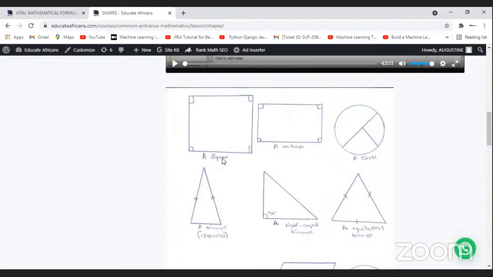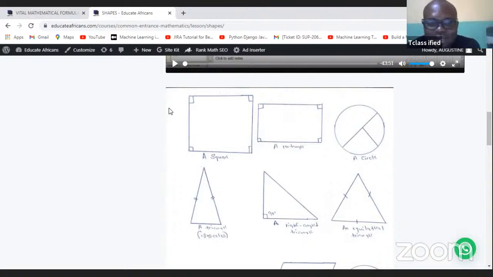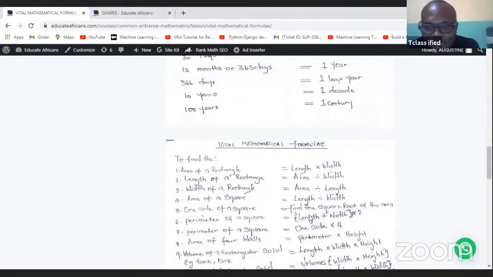Okay, let's say 4 cm length and 4 cm width. What's going to be the area of the square? The area of the square is going to be 1 centimeter squared. No. You know that the area of a square is the length times the width.